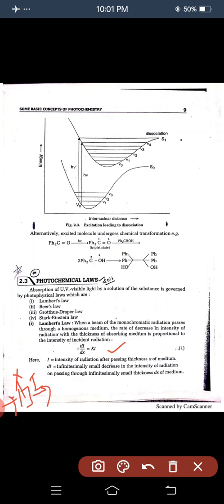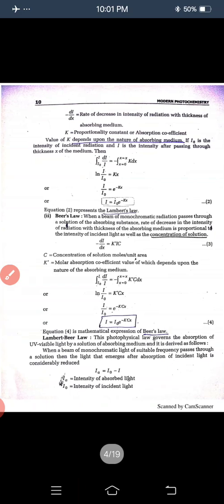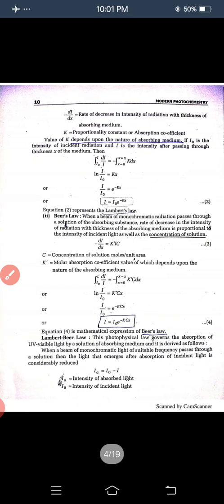dI is the small decrease in the intensity of radiation on passing through an infinitesimally small thickness dx of the medium. Minus dI upon dx, with the negative sign, is the rate of decrease in intensity of radiation with thickness of the absorbing medium.